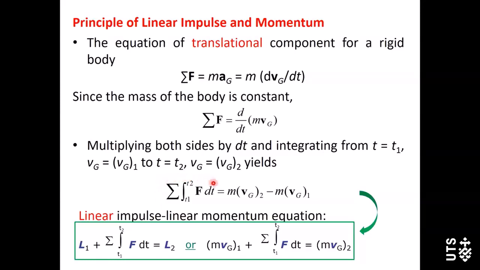On the left side, we have an integral of external force F on the rigid body with respect to time. On the right side, we have mvg2 minus mvg1.